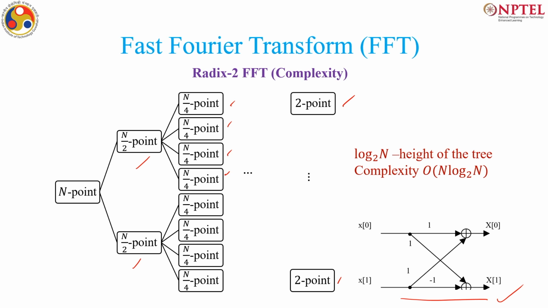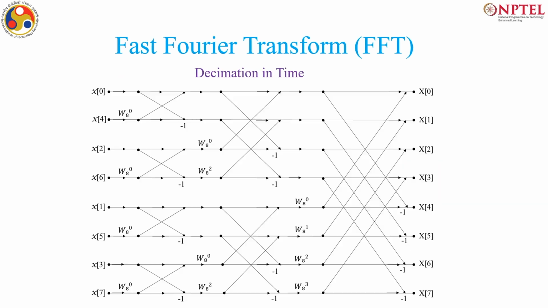We have to do these n values, and then the height of the tree, if you see, every time it is halving itself. So, this height will be log of n base 2, and hence the complexity is reduced to n log n base 2. This is called a butterfly diagram, because it somewhat looks like butterfly wings.